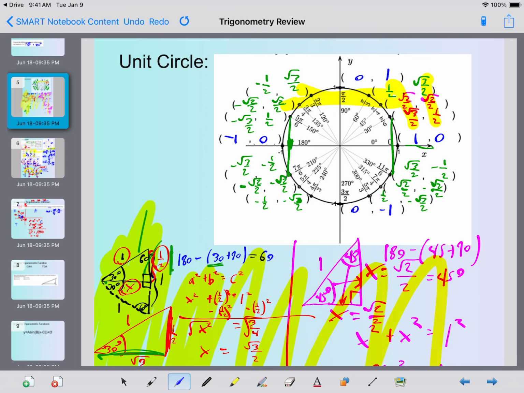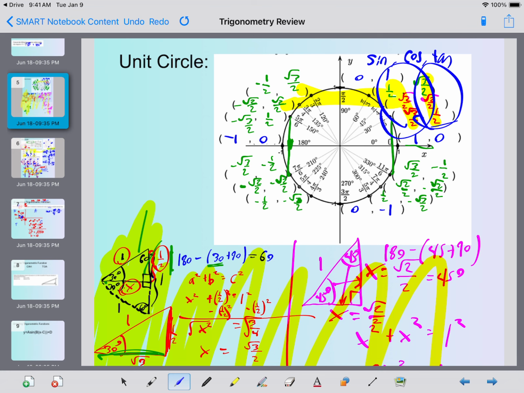That's in any graph. So that means your sine is positive, and your cosines are positive. Tangent is just sine over cosine. Positive divided by a positive is positive. So that means sine, cosine, and tangent are all positive, right?